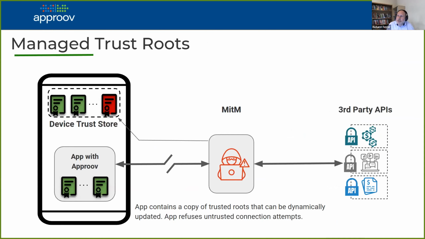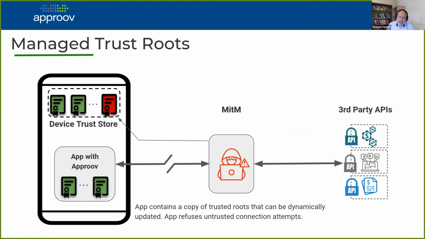The way we deal with the pinning issue is that, as I said before, we can't directly pin against a particular certificate in a backend API. So the way we deal with that problem is that in addition to the device trust store that's always there and is potentially subject to compromise, when you use Approve in this mode, we have an approach called Managed Trust Routes, which essentially means that we have a copy of the trust store inside the app.